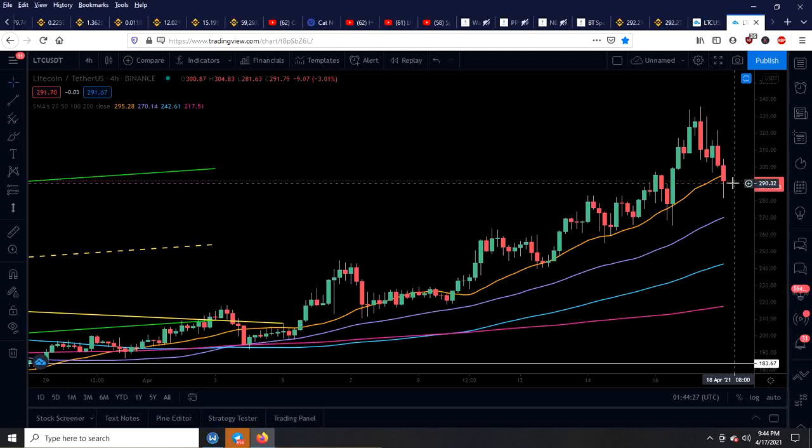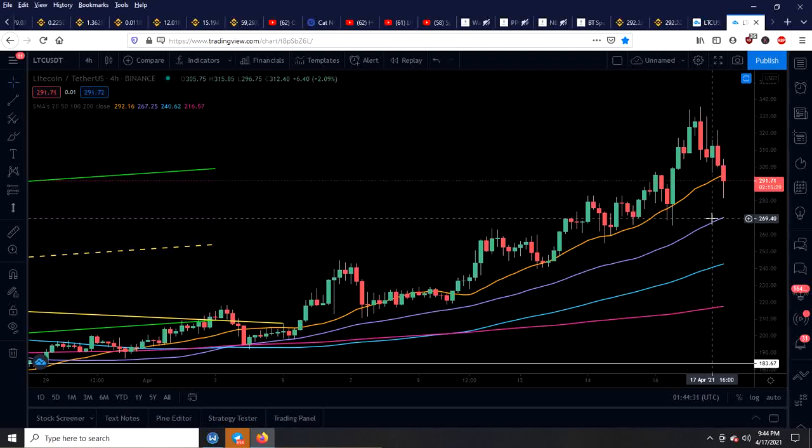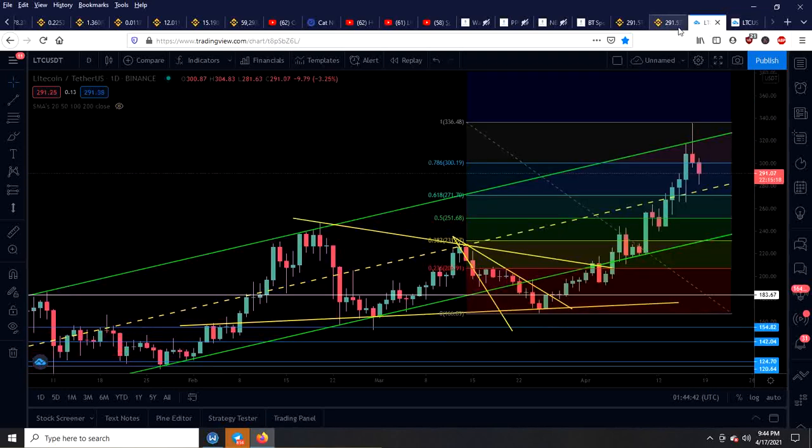So, but this is just today. We're just waiting, guys. So now we're going to see if our 50 SMA holds, which is at 270, right? And guys, this is on a 4-hour time frame, right? So this is what we're looking at, guys.